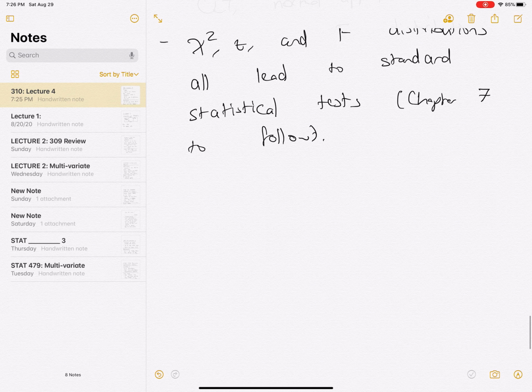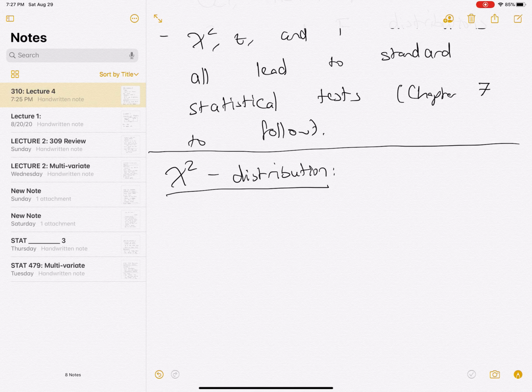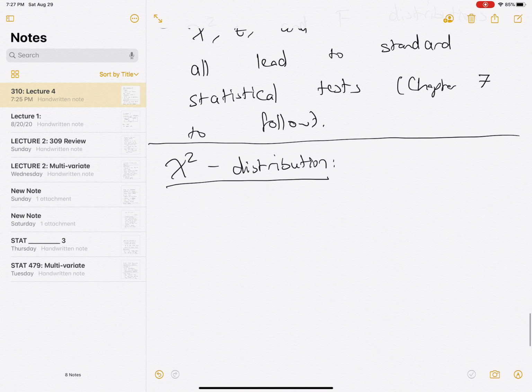For this lecture, the main goal is just to learn those distributions, because we're going to refer to these three distributions later. So let's start with the chi-squared distribution.